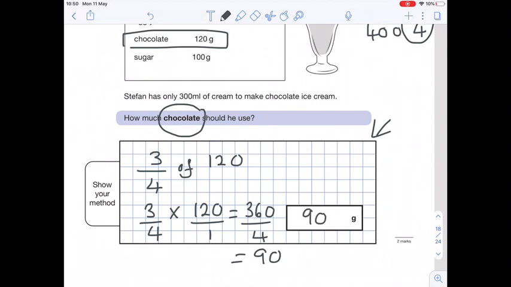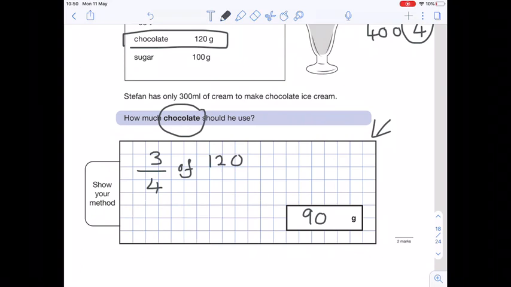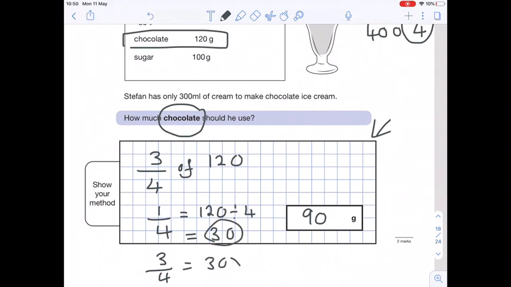Alternatively, you could have found 1/4. To find 1/4, you do 120 divided by 4, which gives you 30. And then 3/4 is 1/4 times 3, so 30 times 3, which gives you 90 as well.